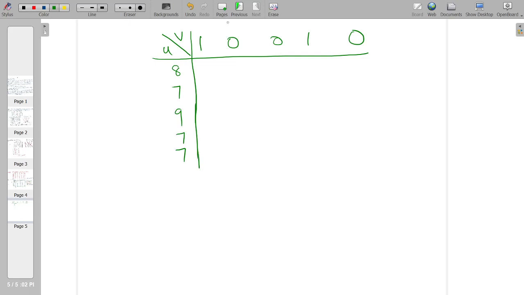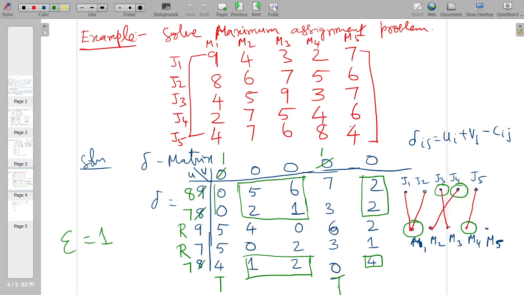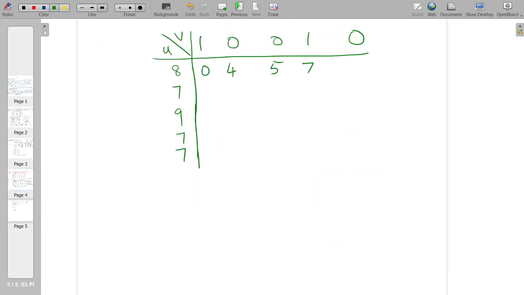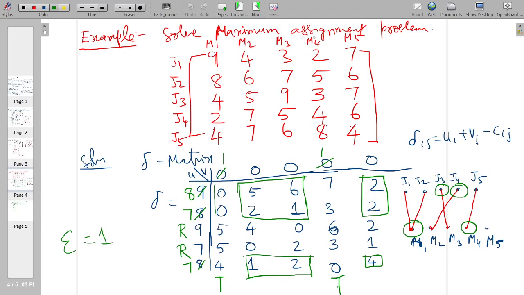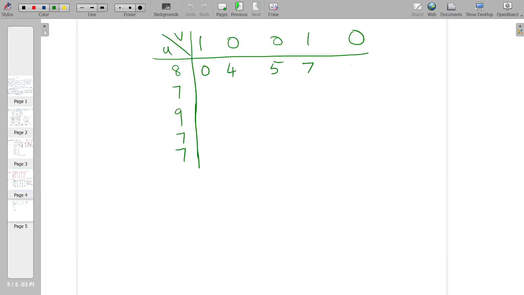Again I use the formula: 8 plus 1, 9, minus 9, 0; 8 plus 0, 8, minus 4, 4; 8 plus 0, 8, minus 3, 5; 8 plus 1, 9, minus 2, 7; 8 plus 0, 8, minus 7, 1. So now I have the entries for the first row: 0 4 5 7 1.